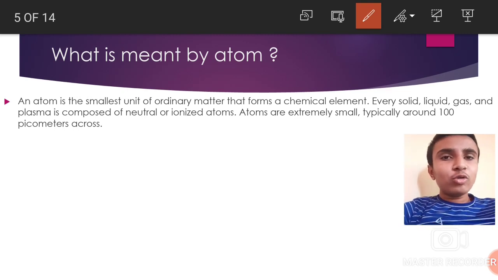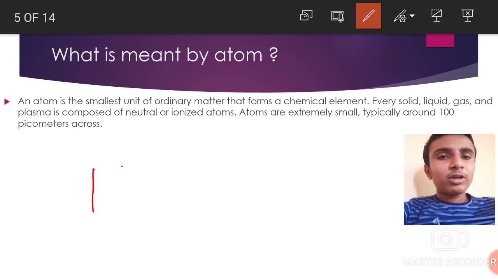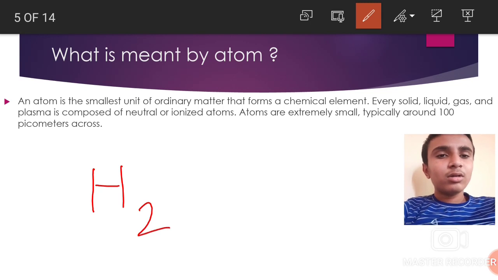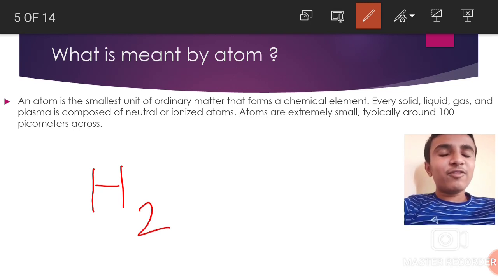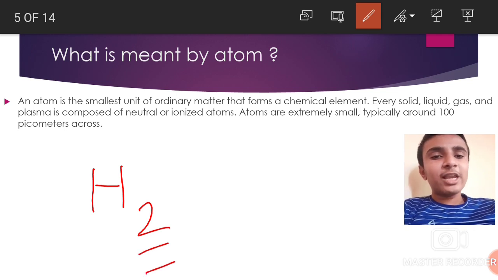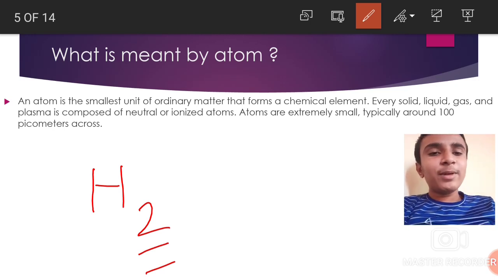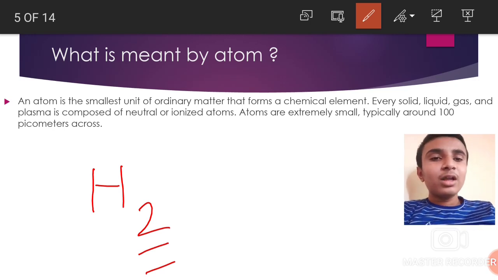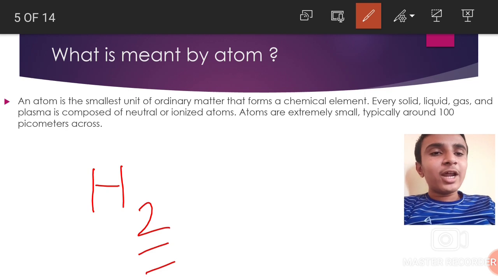Yes. So, as you know about H2, what is this H2? Tell me fast. Yes, this is a hydrogen atom. So hydrogen atom means hydrogen element. Yes, sorry, hydrogen element. So this hydrogen element is made up of two atoms. One hydrogen molecule consists of two atoms.